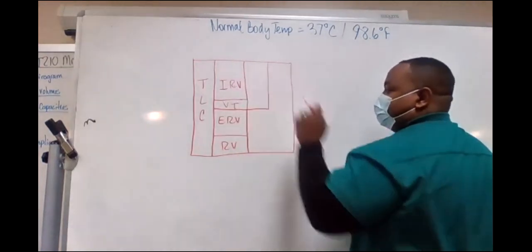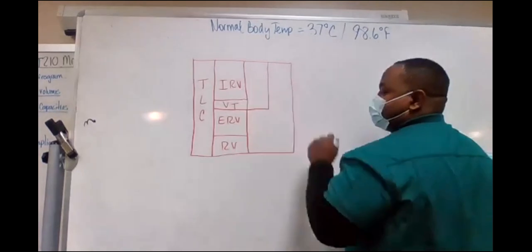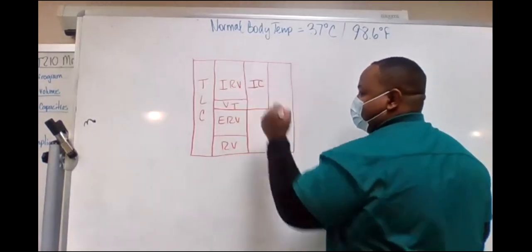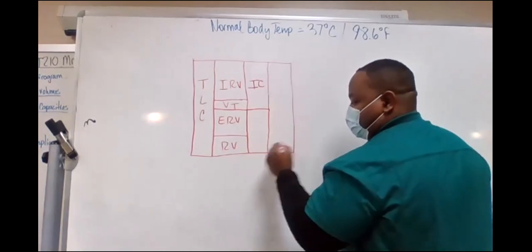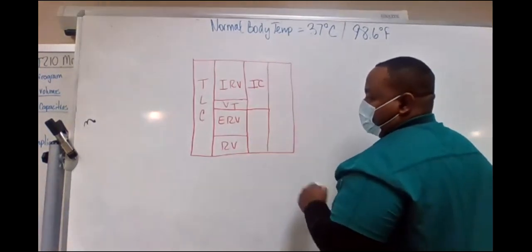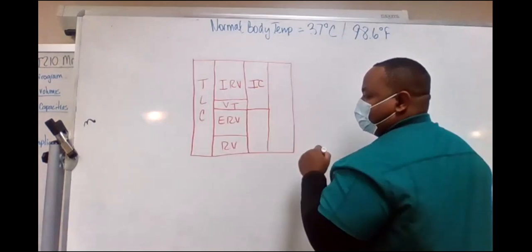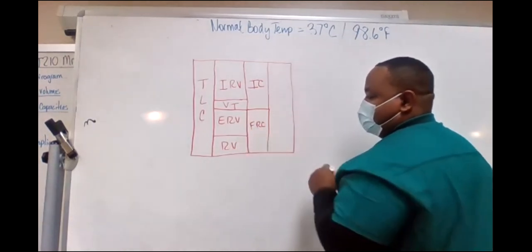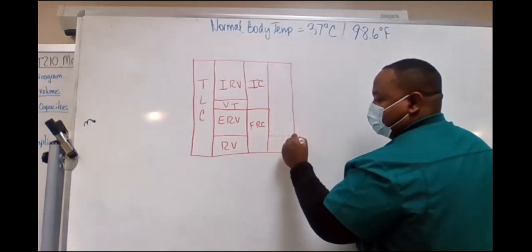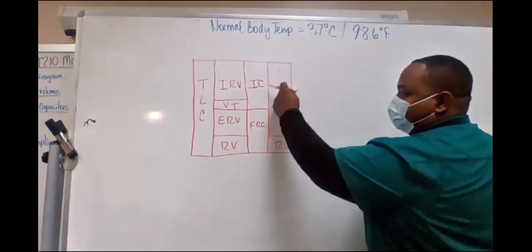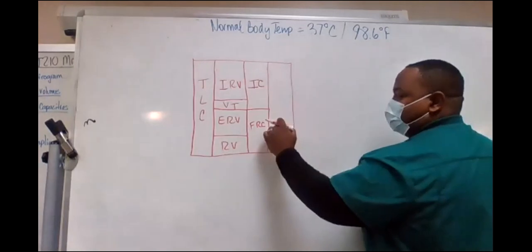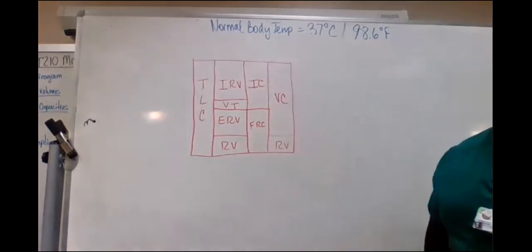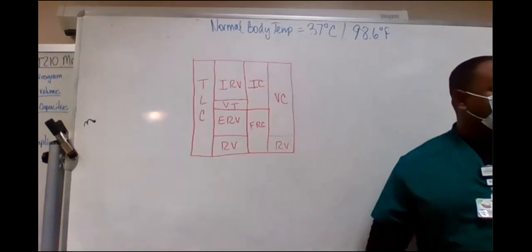Now, I mean, what is the capacity? IC, inspiratory capacity. And then these two down here are what? ERV and RV make up the FRC. And then I can always make a little dotted line. RV always is there. So what is this? Everything that you can do. VC. That's the spirogram.